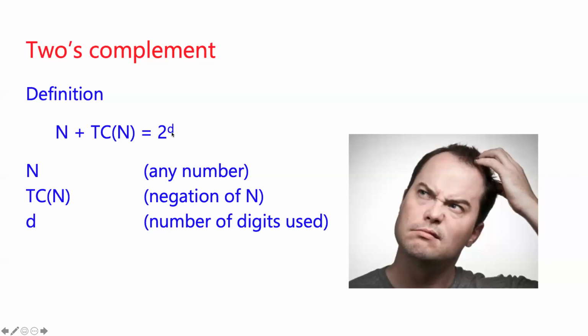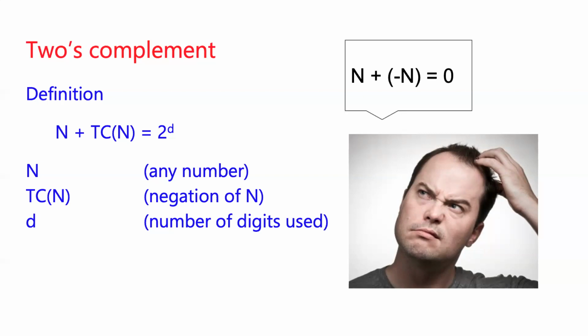This is going to work out nicely because if you've got a d-bit representation, 2 to the d, well, that 1 bit is off the high-order end of your representation. Pretend you were representing numbers with 4 bits. Well, 2 to the d is bigger than you can represent. It's a 1 with 4 zeros after it. And this representation is going to give us this behavior, which is kind of nice.